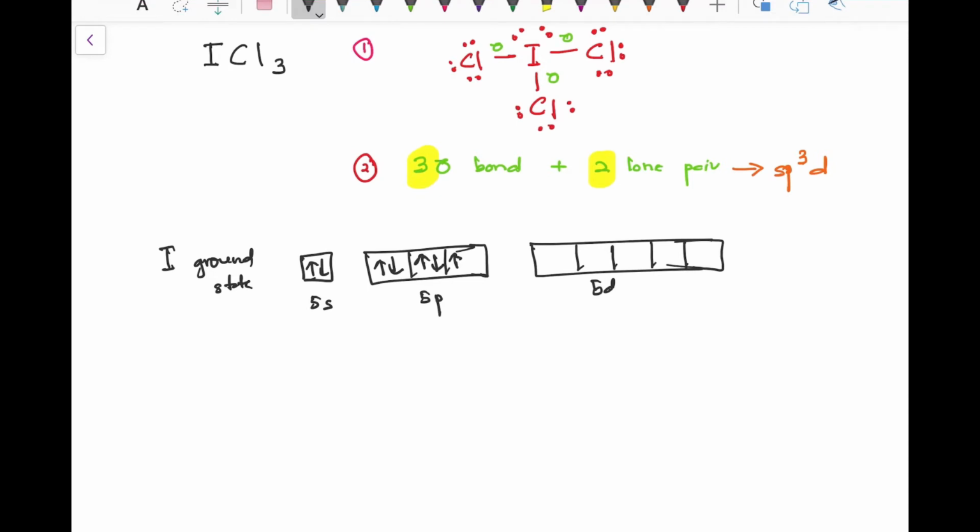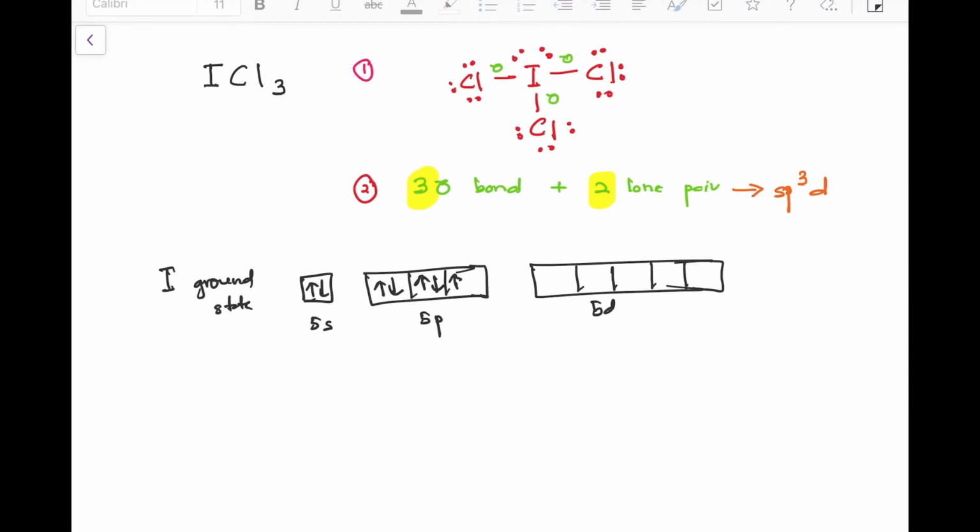Based on the Lewis structure, iodine only needs 2 lone pairs. Here we have 3 lone pairs. So what we can do is excite one of the electrons to the empty d orbital so that we have only 2 lone pairs. So the second step is the iodine excited state.